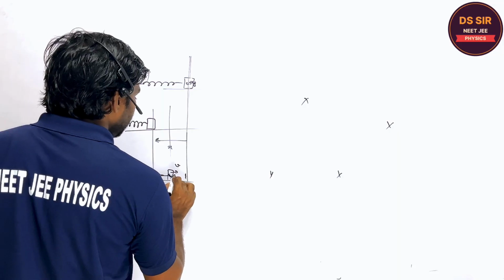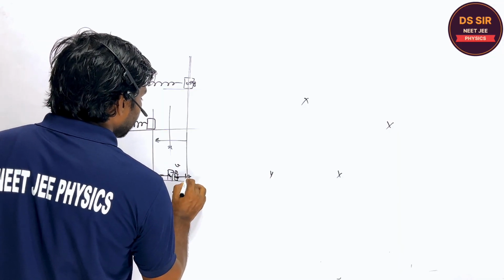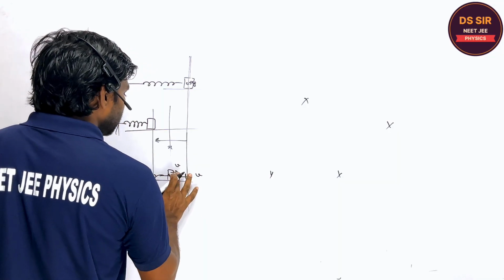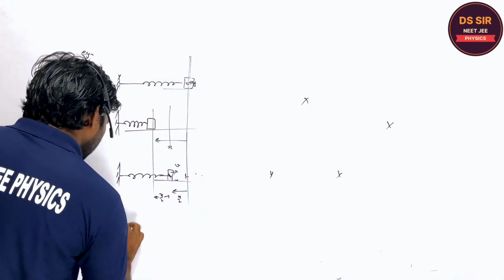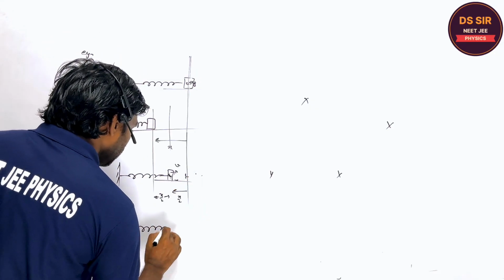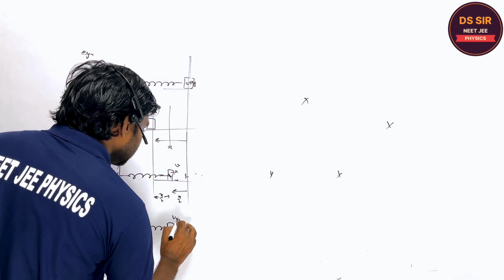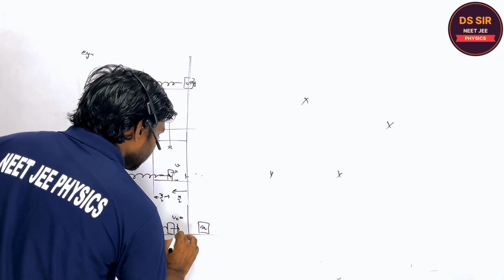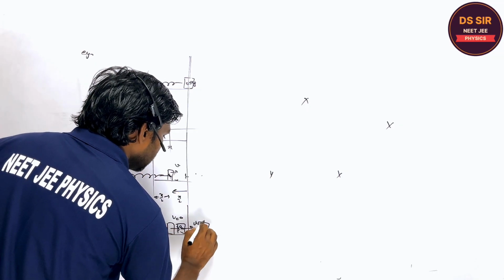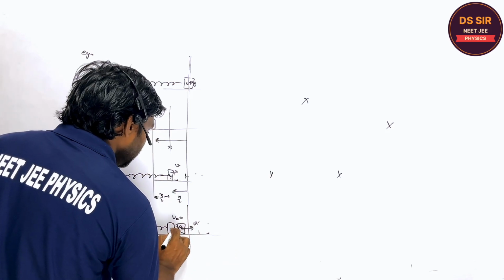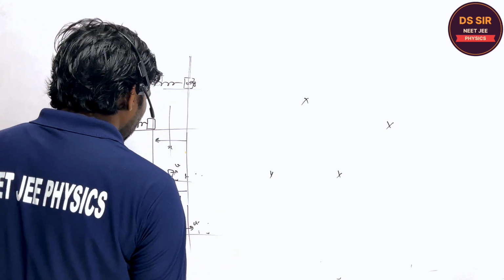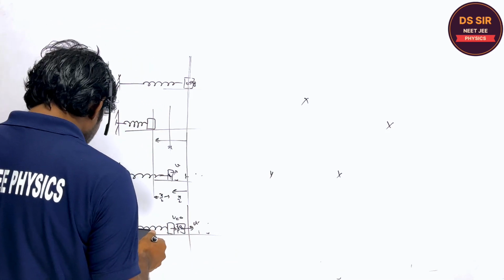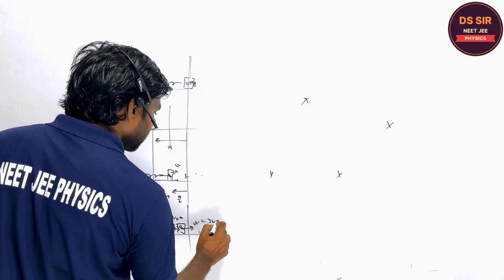So when it hits, the other block starts moving, and after hitting the block, it comes to rest and the other block starts moving with speed v. So what does it mean? And the speed is 3 meter per second.